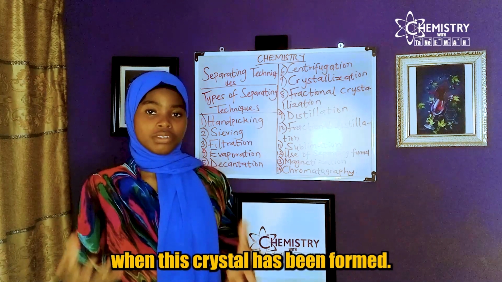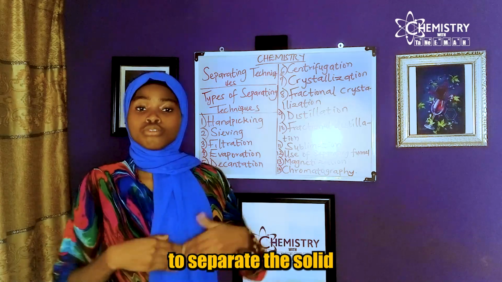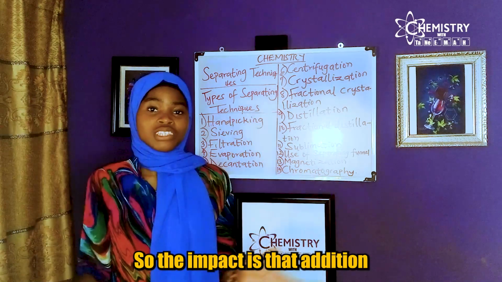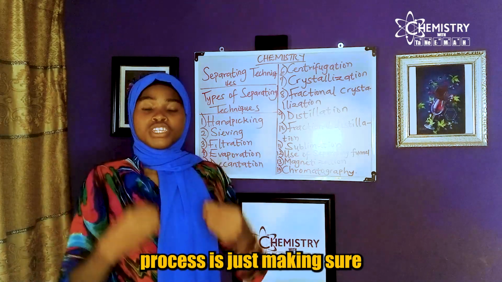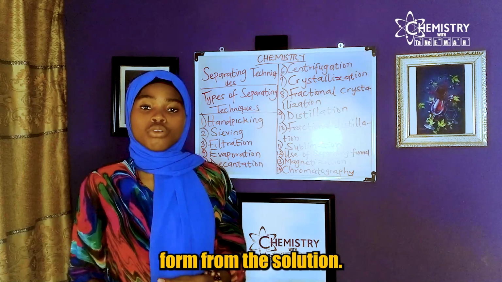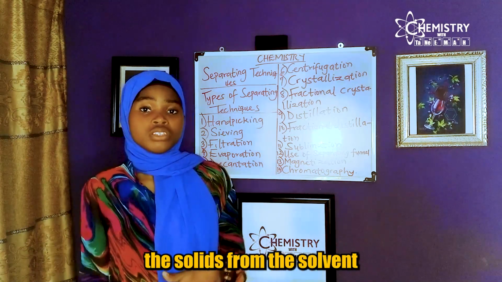When the crystals have been formed, all we need to do is to filter the solution to separate the solid from the liquid. So the entire crystallization process is just making sure that the solid forms from the solution, and you filter it and separate the solids from the solvent.